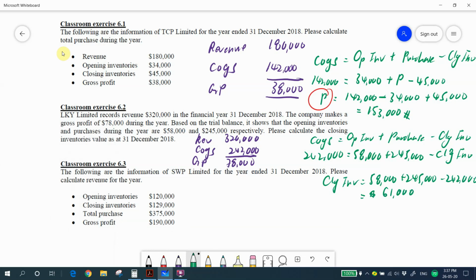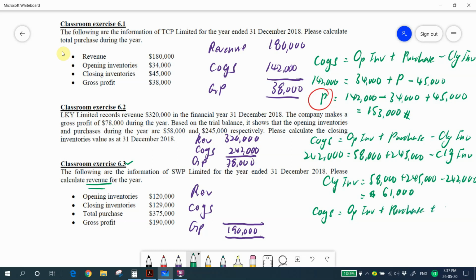Next, classroom exercise 6.3. Using the following information, please calculate the revenue of the company during the year. Similarly, we have revenue, COGS, and gross profit. Gross profit is 190,000. For COGS, we use the formula: COGS equals opening inventory plus purchases minus closing inventory.